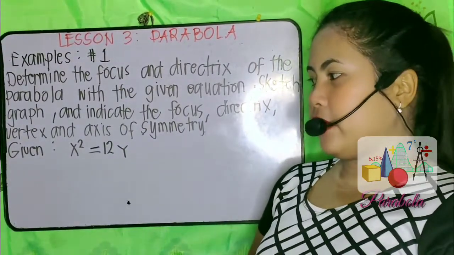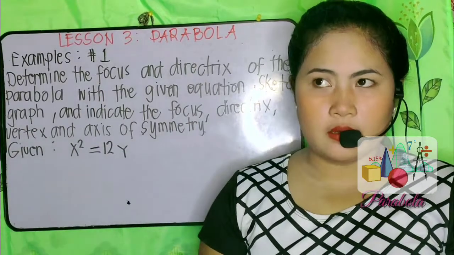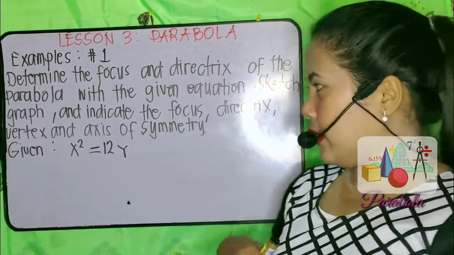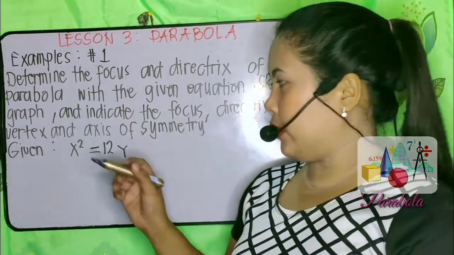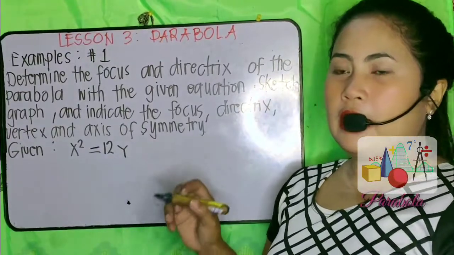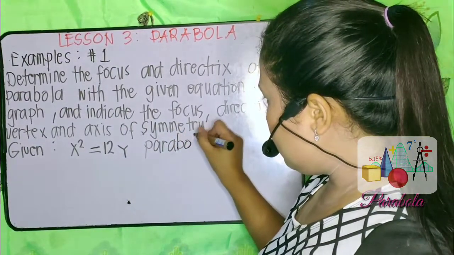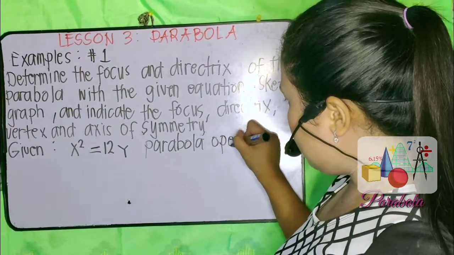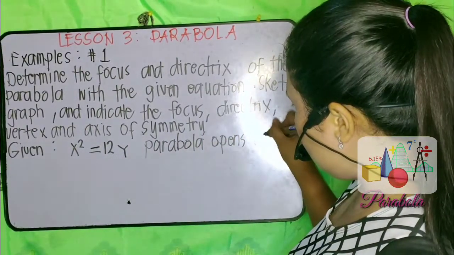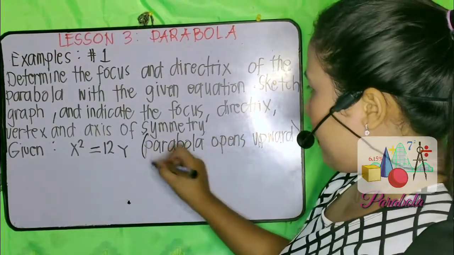But now, we're going to analyze if the parabola opens to the left, to the right, upward, or downward. Since our given equation is x squared equals 12y, the parabola opens upward.